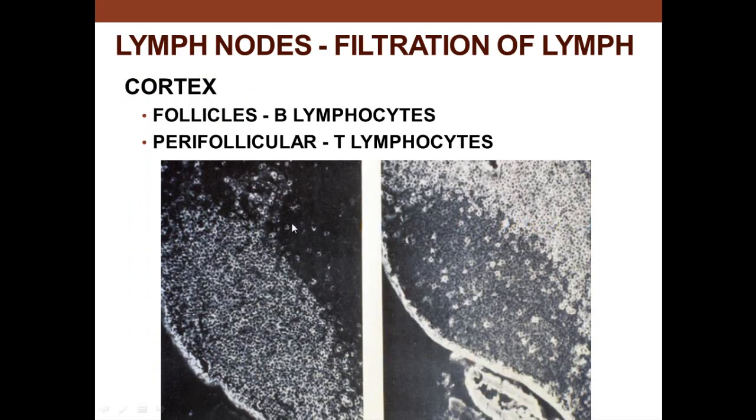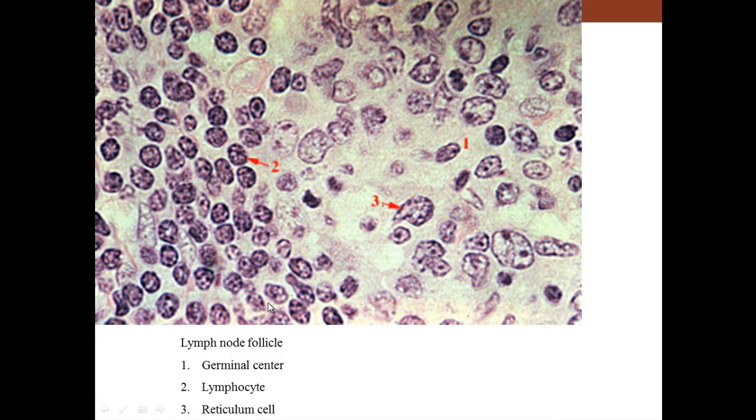Now here we can see one of those germinal centers in through there. In the follicles itself, you've got the B lymphocytes, and in the perifollicular region, right on the outside of the follicle, so this is a follicle here and here. Outside, these would be the T cells and these would be the B cells that we can see there. Here we see in the germinal center some mitotic activity going on through there.